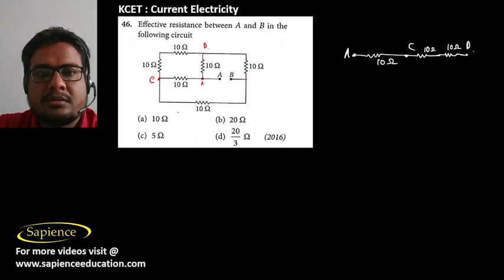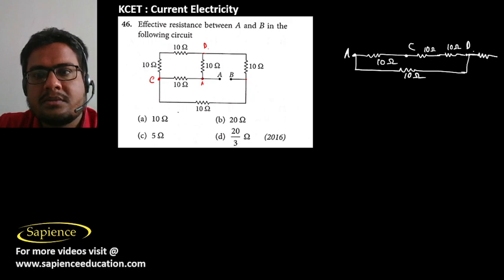And in between A and D there is another resistance, 10 ohm. In between D and B there is another resistance, 10 ohm.